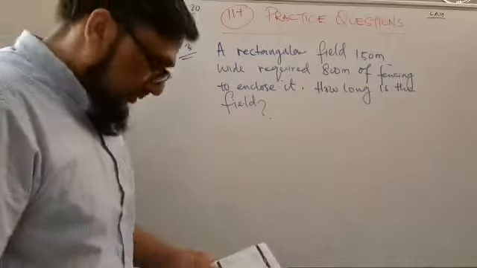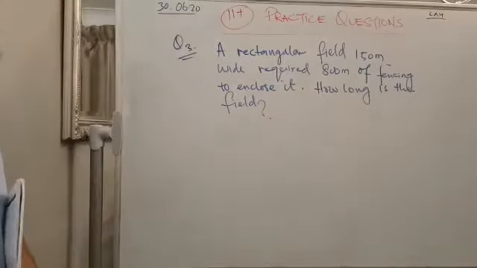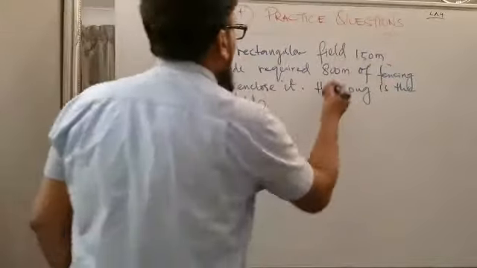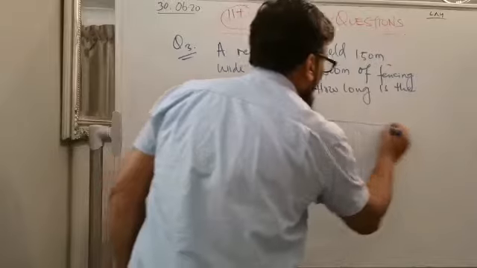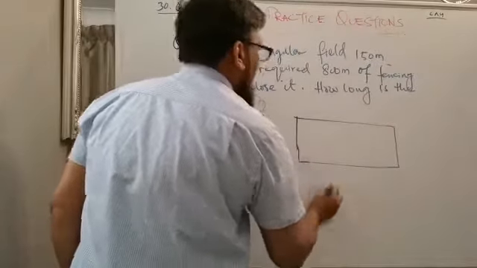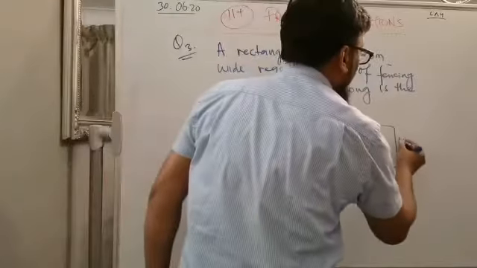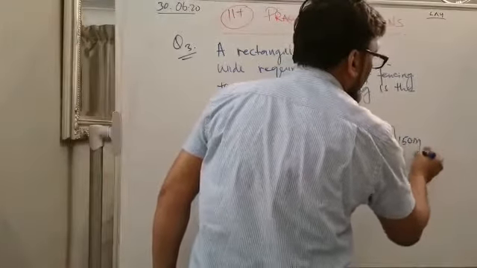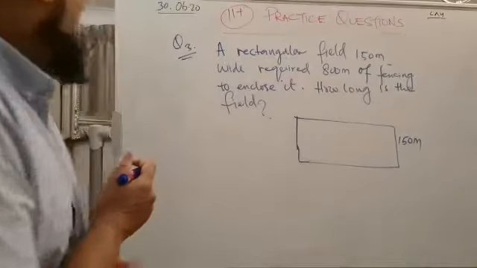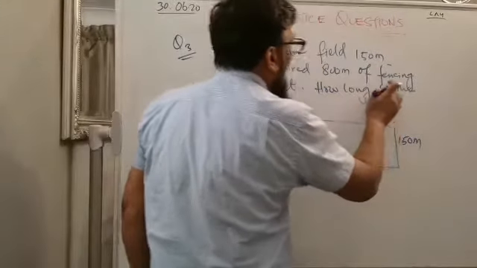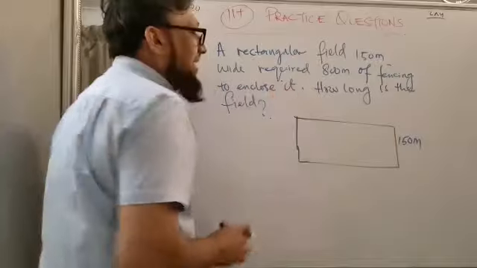So how you can work out this one? So very simple, a rectangular field, okay, which is 150 meter wide, so we can make a field like that. This is a rectangle or field, and the width of the field, which is 150 meter, okay. Require 800 meter of fencing to enclose it.